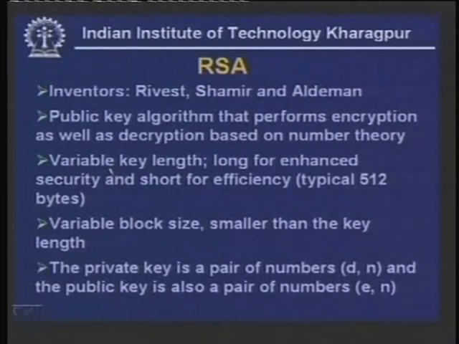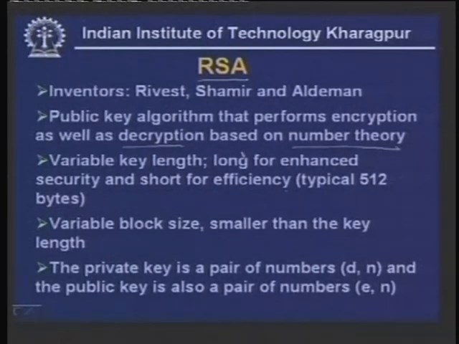One popular approach for public key cryptography is the RSA technique. It was invented by Rivest, Shamir and Adleman, and this public key algorithm performs encryption as well as decryption based on number theory. It supports variable key length: long for enhanced security and short for efficiency.